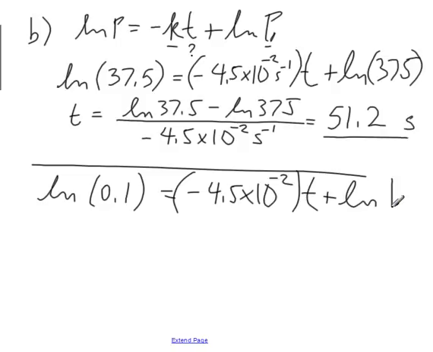So if I do that same trick we did on the previous slide, I get natural log of p over p0 equals negative kt, right? So whether you put 37.5 over 375, or 1 out of 10, or 0.1 over 1, it's the same ratio, it's the same fraction. Do you follow that? That's the mathematical justification for what we're doing here.